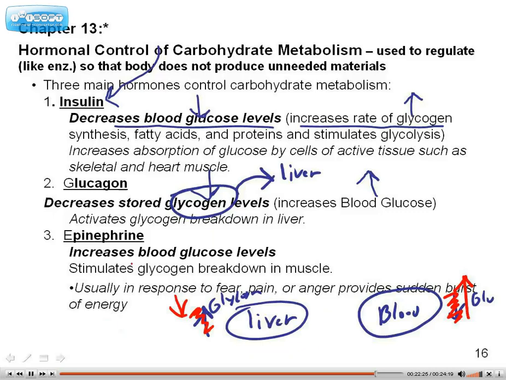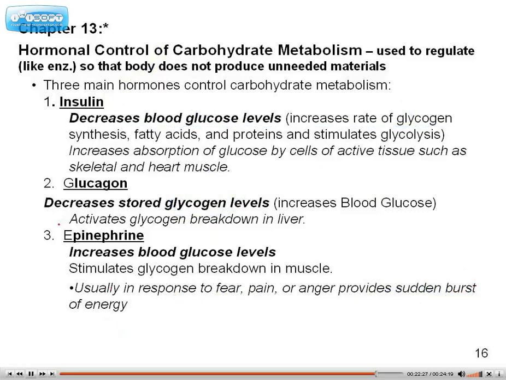Now, if you notice, the very last one I've left out is epinephrine. Now, yes, there are more hormones than this, but we're just going to focus on these three right here. And the last one is epinephrine. Now, what this does is it goes ahead and increases the blood glucose levels. How does it do that?